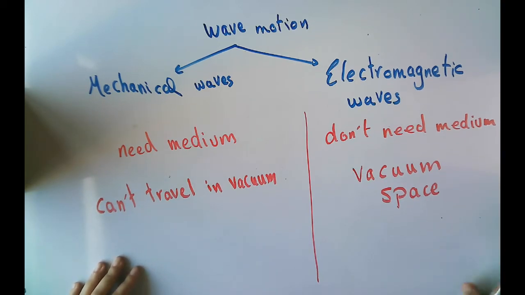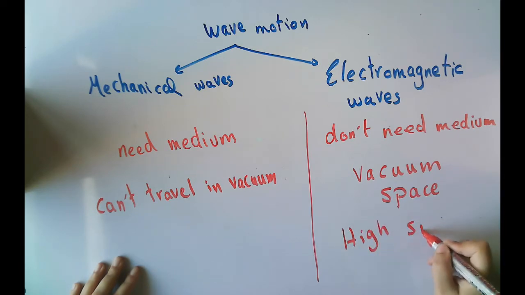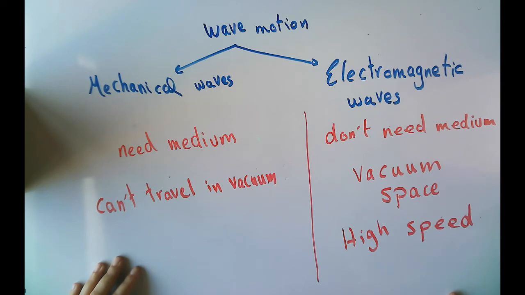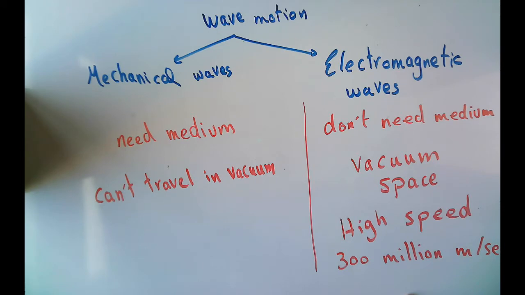Electromagnetic waves have very high speed. Their speed reaches 300 million meters per second, or 3 times 10 to the power 8 meters per second.